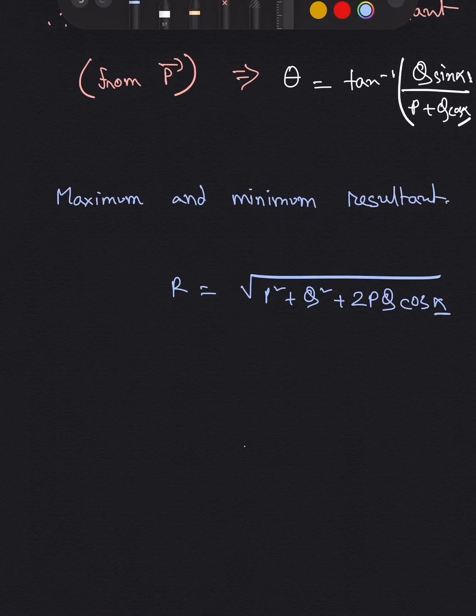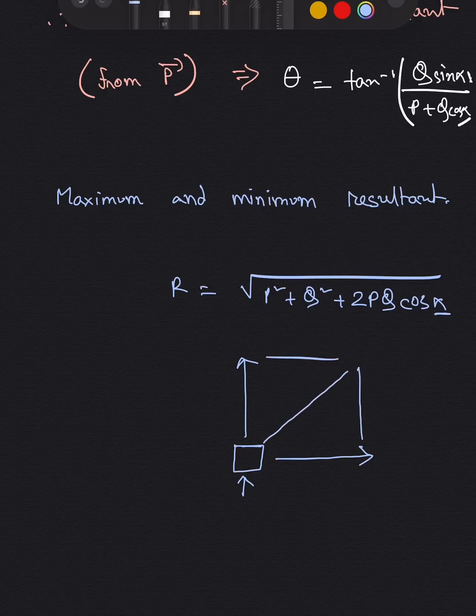Now, previously you forced this book with your right hand towards this direction and with your left hand towards this direction, and the book moved in the direction of the diagonal formed by the parallelogram. But in this case, to find the maximum resultant, how will the book travel the fastest? How will the book face the most amount of force? If you push the book with both of your hands in the same direction.